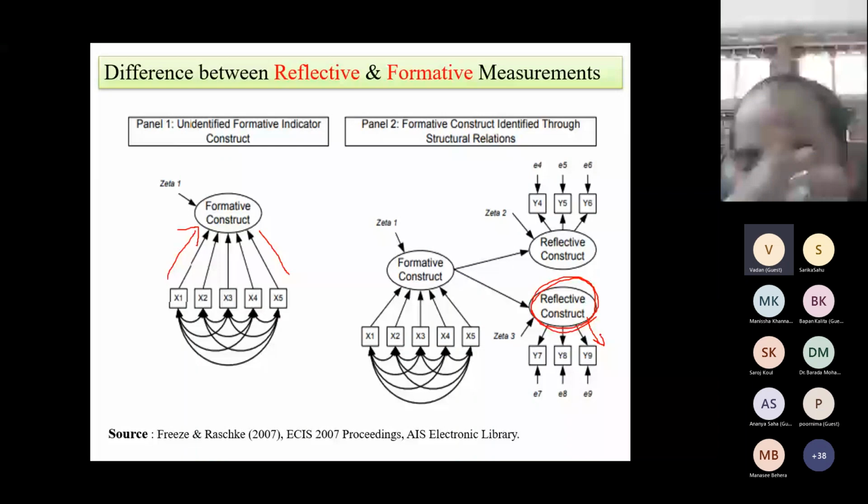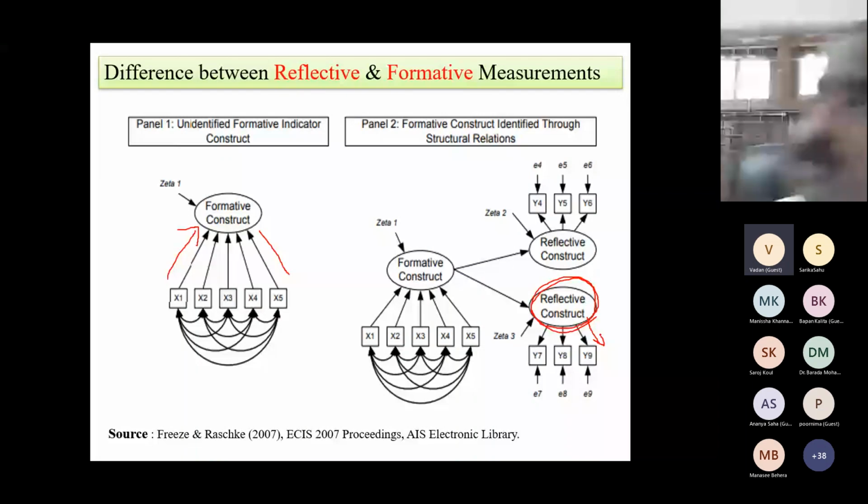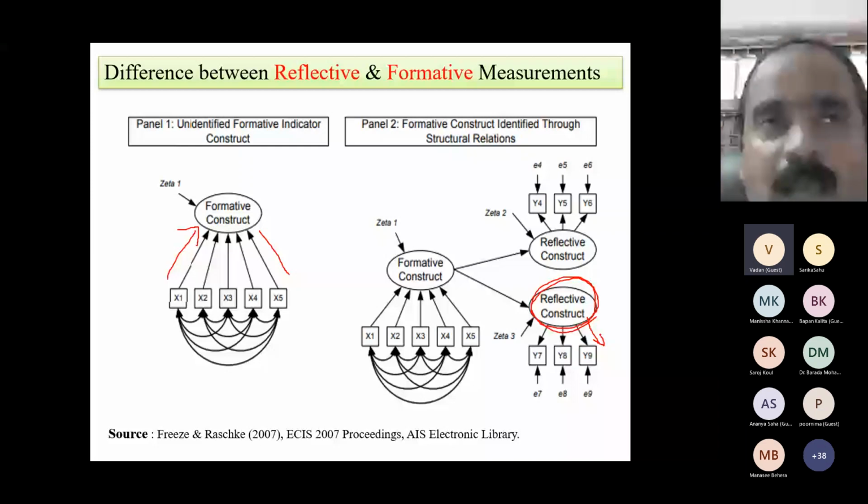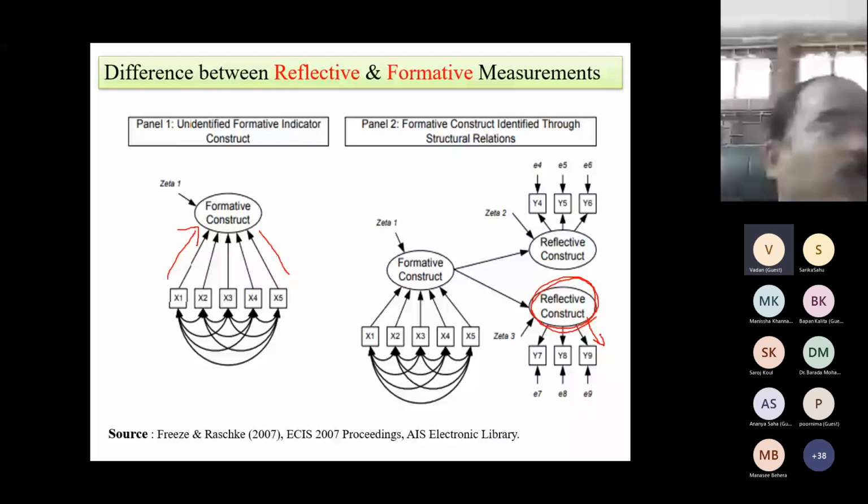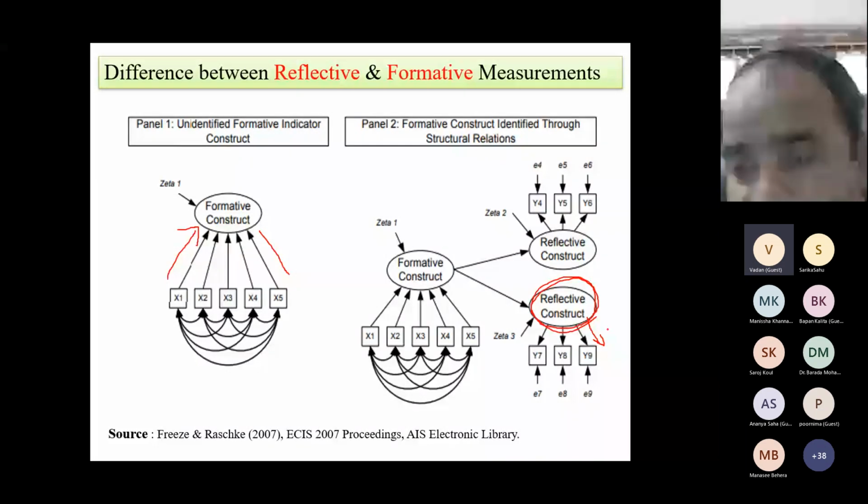The satisfaction is reflected through the attitude. And others did not realize that. They asked the scholar, how come you are making a mistake? The arrow mark should flow towards the satisfaction. Then that scholar asked me, sir, what is happening here?